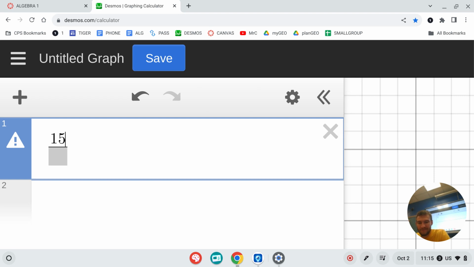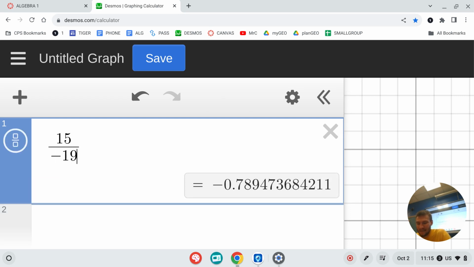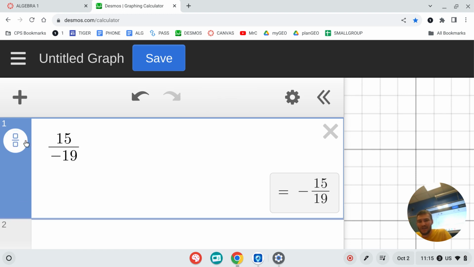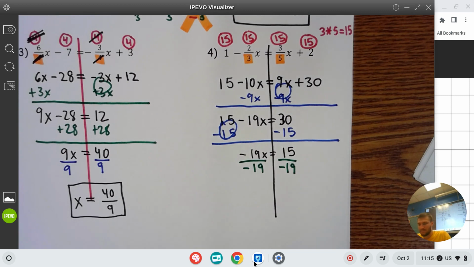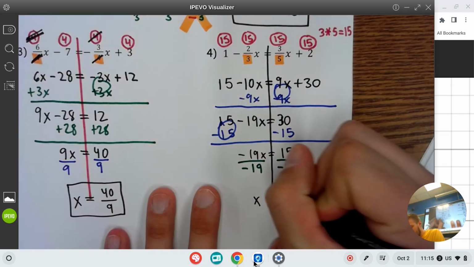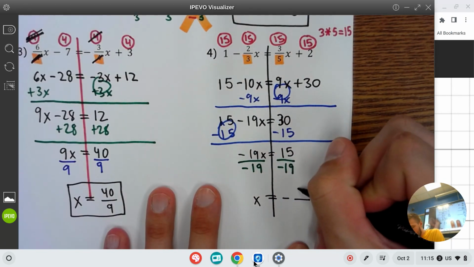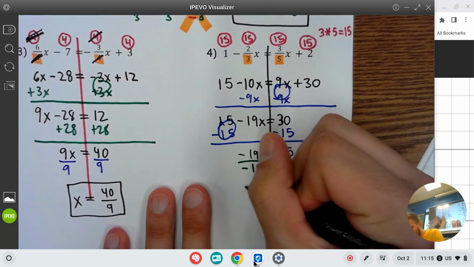Fraction 15 over negative 19. Yuck. Hit the fraction. And you can tell Desmos took the negative in the bottom and put it out front. So you're typing it exactly how it looks, and just write this answer down. X equals negative fraction 15 over 19.